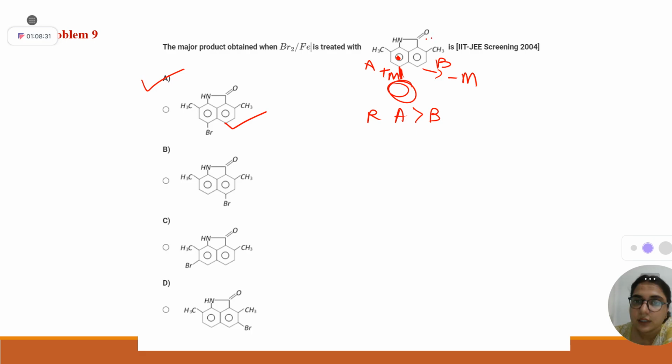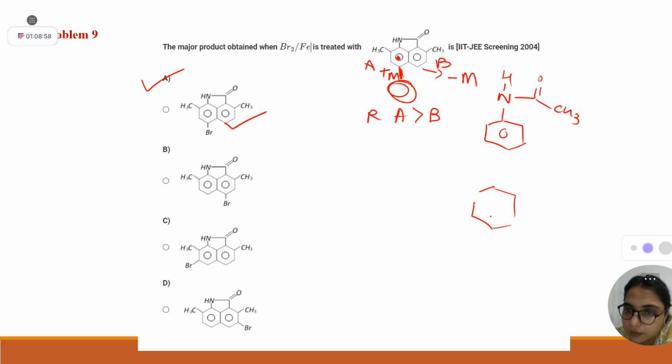Okay, let me clear it up. If you are having this type of fused system, you just have to check connectivity, which atom is connected to your benzene ring. This benzene ring is connected to a lone pair containing atom. Let's say you have NHCOCH3 and you have CONH2. Student, this is your plus M group and this is your minus M group. Why? Because now C double bond O is connected to your benzene ring.